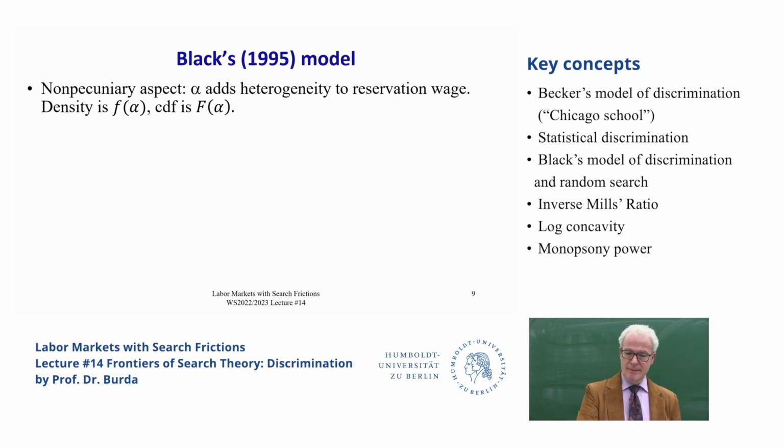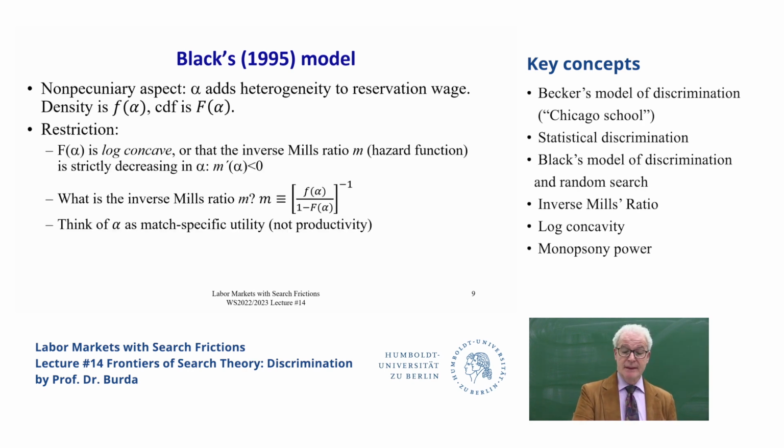Okay, so that's a very important aspect. And I'm going to put some restrictions on this CDF. So this is some of the important restrictions to get the model to work for you and not to lead to multiple outcomes and all that kind of stuff. I think this is technical, but it's interesting. This is an assumption that I think is still made in a lot of contexts.